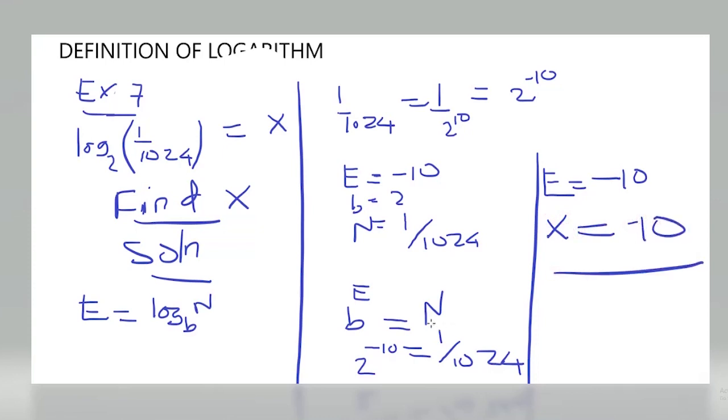Because the logarithm of base 2 of 1 over 1024 is equal to x, and this is always the exponent. The base is 2, and negative 10 is the exponent which we are looking for.